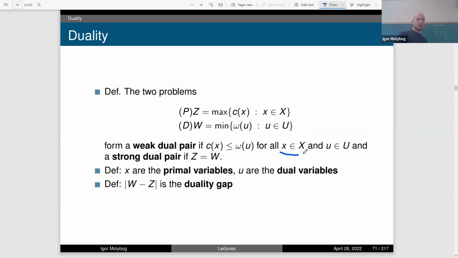We say that two problems form a weak dual pair if, when we have one maximization problem, C of x over all x, and the other a minimization problem, omega of u over all u, C of x is less than or equal to omega of u for all x and for all u. And we say that they form a strong dual pair if the optimal solutions to these two problems actually coincide.